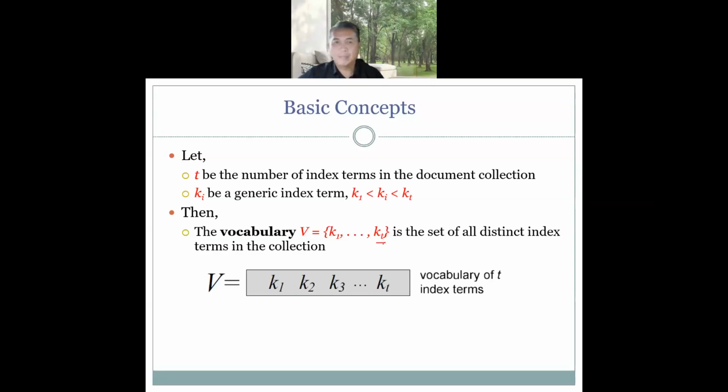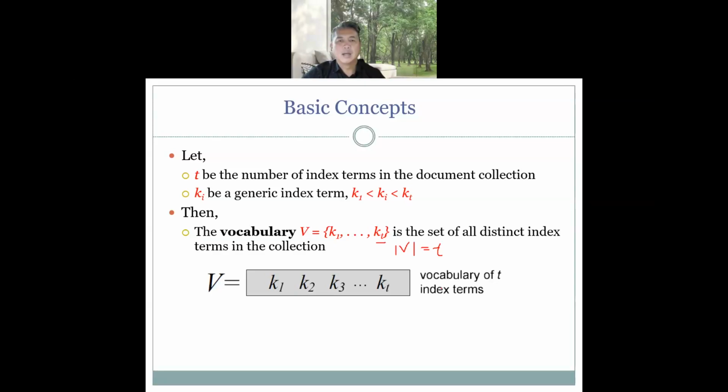So we have 1, 2, 3, 4 up to T. So the size of our vocabulary is T. When we create this vocabulary, we want to limit the number of keywords.